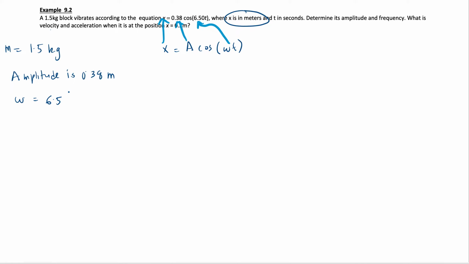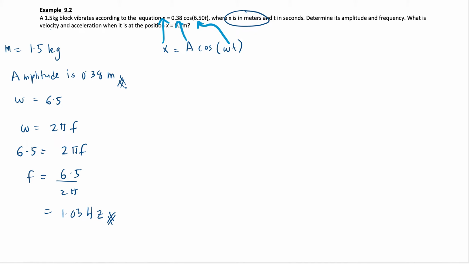We know the relation between omega and frequency: omega equals 2 pi f. If my omega is 6.5, I can solve for f. So f is just 6.5 divided by 2 pi, which is 1.03 hertz. Right? So this is the answer.